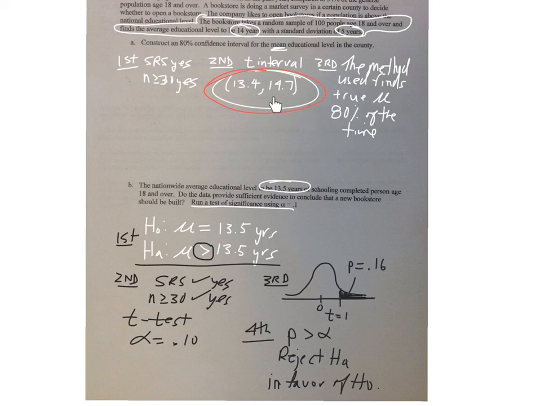In Part A, the fact that 13.5 is in that interval also tells us that it is very likely that our neighborhood population has an average that is identical to the national average. 13.5 is a possibility. So because of that, the decision to build the bookstore should probably be no, based on this evidence.